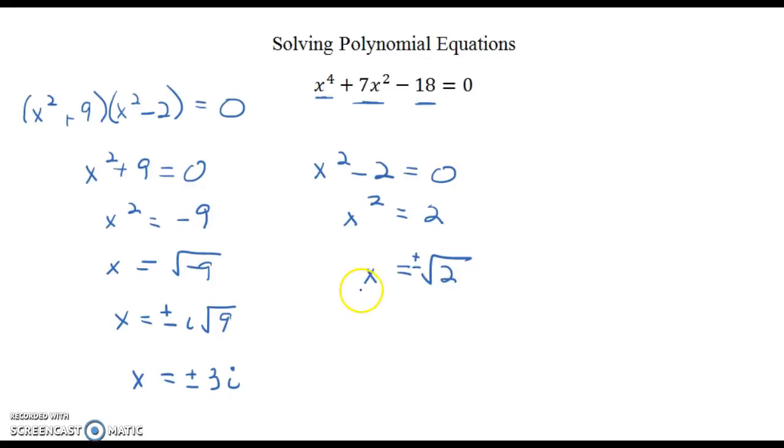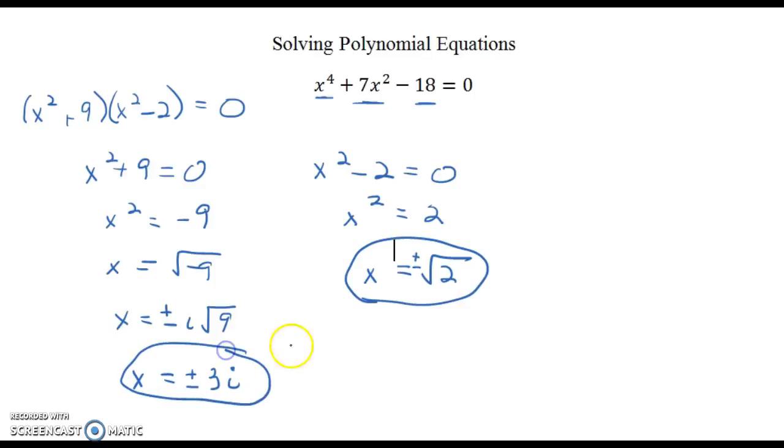There's no i to worry about. Square root of 2 is in simplest radical form, so we can stop here. So our four solutions for our quartic are right here: x equals positive or negative square root of 2, and x equals positive or negative 3i.